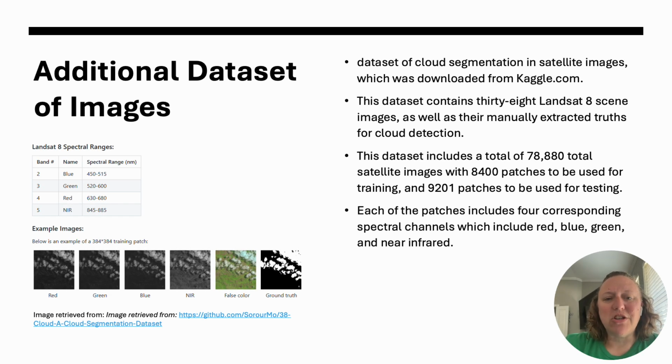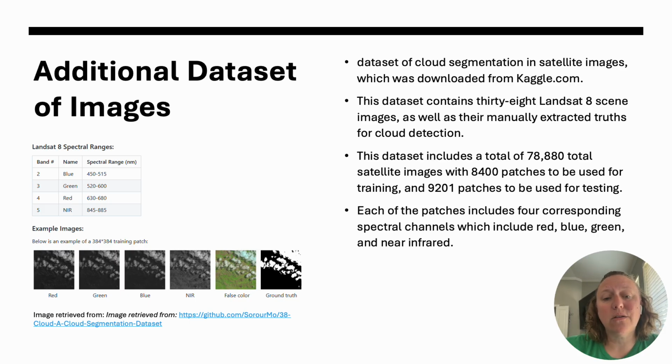The first step of the project was to download an additional dataset which contained images or audio files. From Kaggle.com, I found a dataset which includes images of cloud segmentation in satellite images. The dataset includes a total of 78,880 total images, with 8,400 patches for training and 9,201 patches for testing.